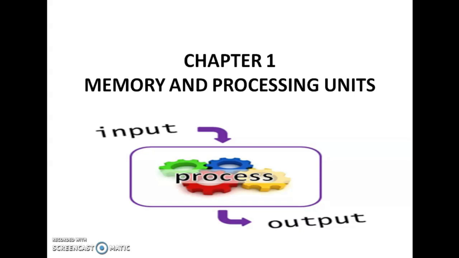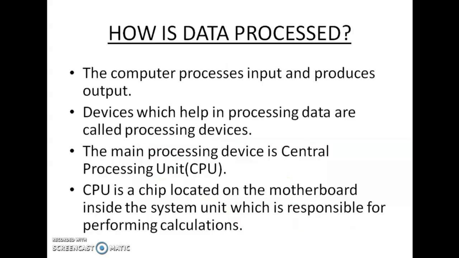Let's see how the data is processed. The computer processes input and produces output. Devices which help in processing data are called processing devices. The main processing device is the Central Processing Unit or CPU, which is located on the motherboard, and it is responsible for performing calculations.